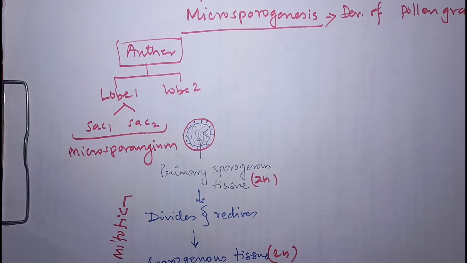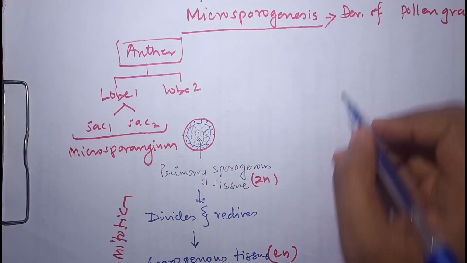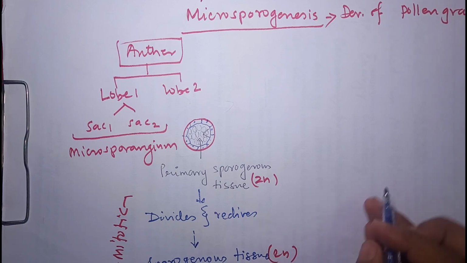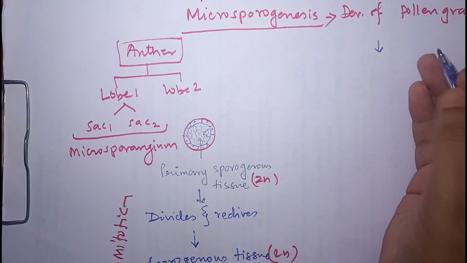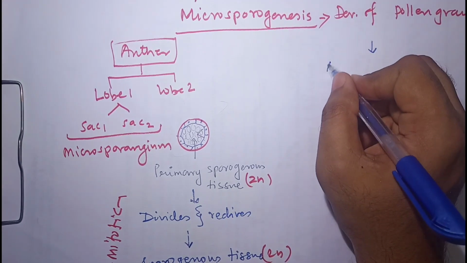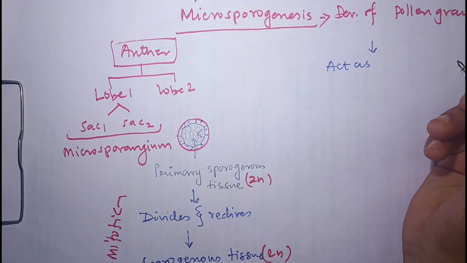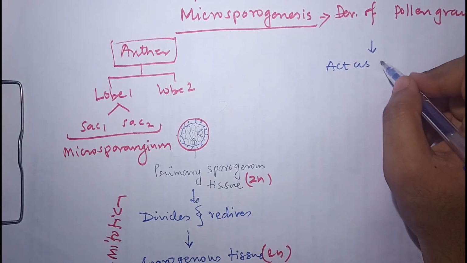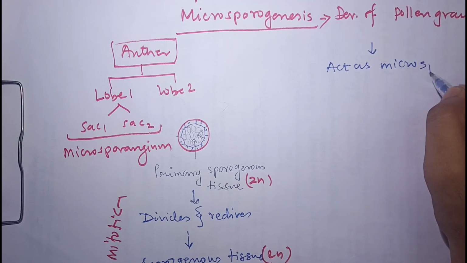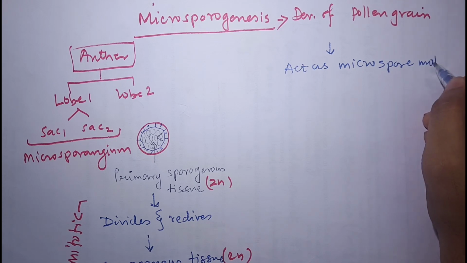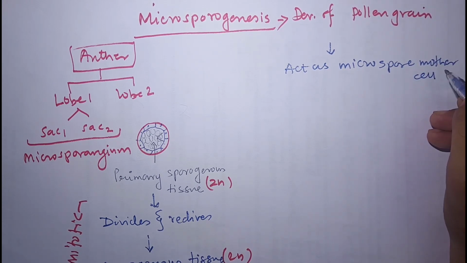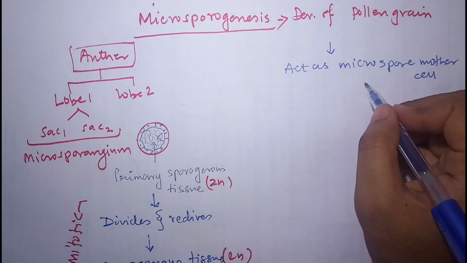Now this sporogenous tissue, they act as microspore mother cell.